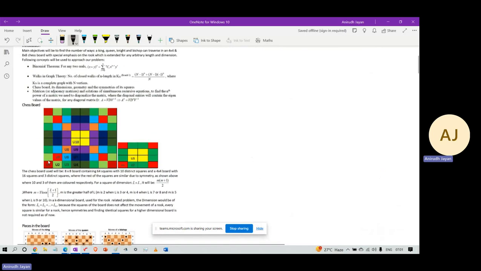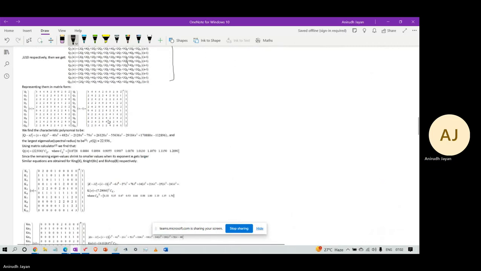There are 21 ways from the corner, 25 ways from this layer, 23 from this layer, 25 from this layer, and 27 from this layer. One can get 10 different equations and get a 10 cross 10 matrix for these 10 different squares.